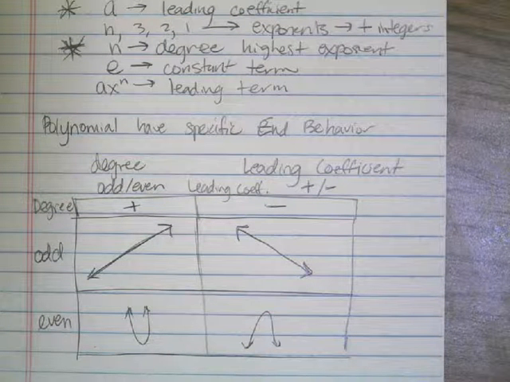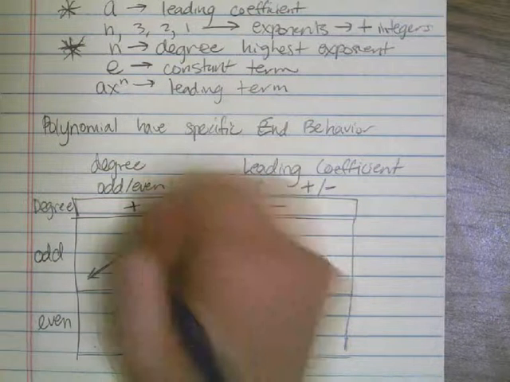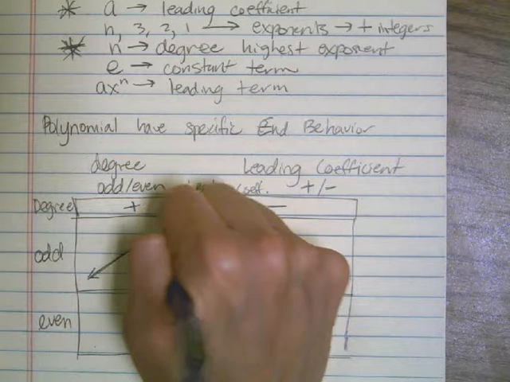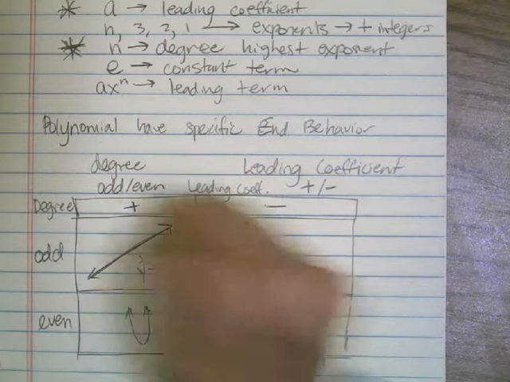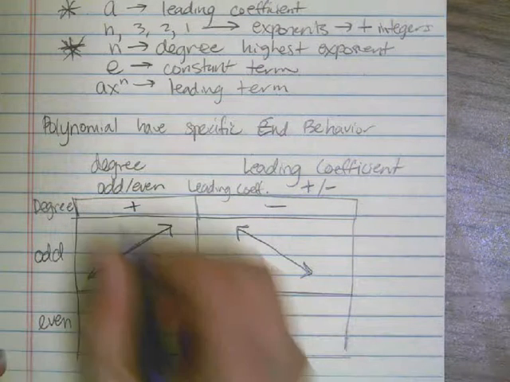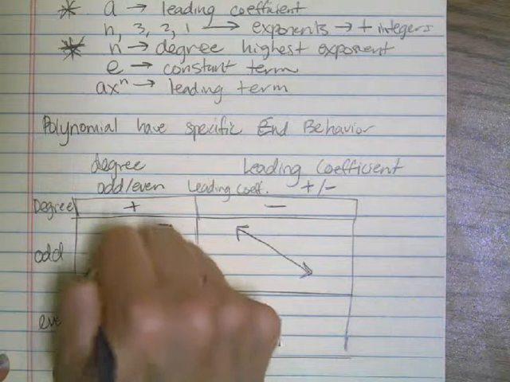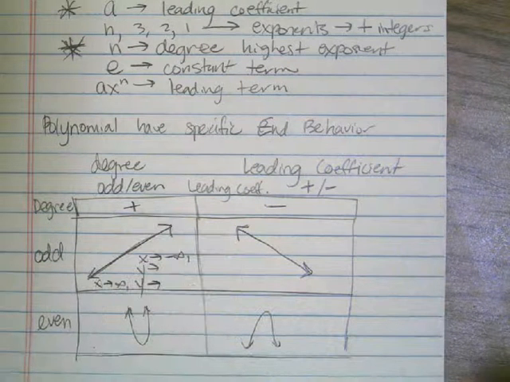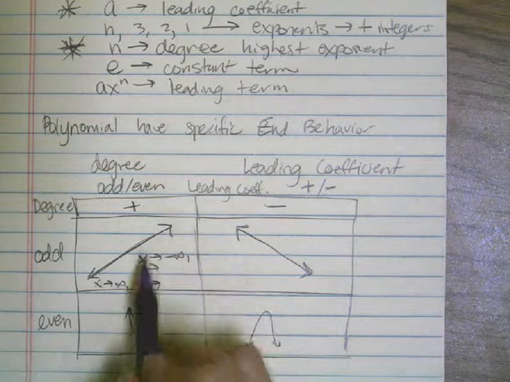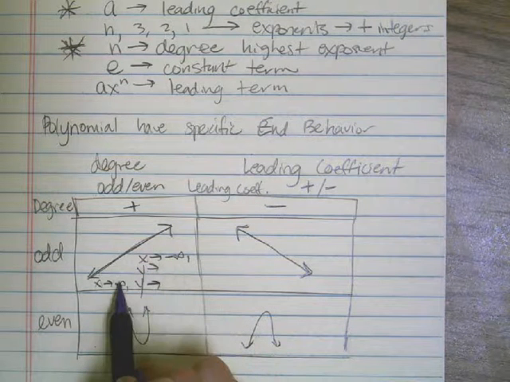Now, there's a specific way we write end behavior. So you write as x goes to negative infinity, y or f of x goes a certain way, and as x goes to positive infinity, y or f of x goes a certain way. Now, you always have two statements. This is one statement, like x goes to negative infinity, comma, y goes to something.